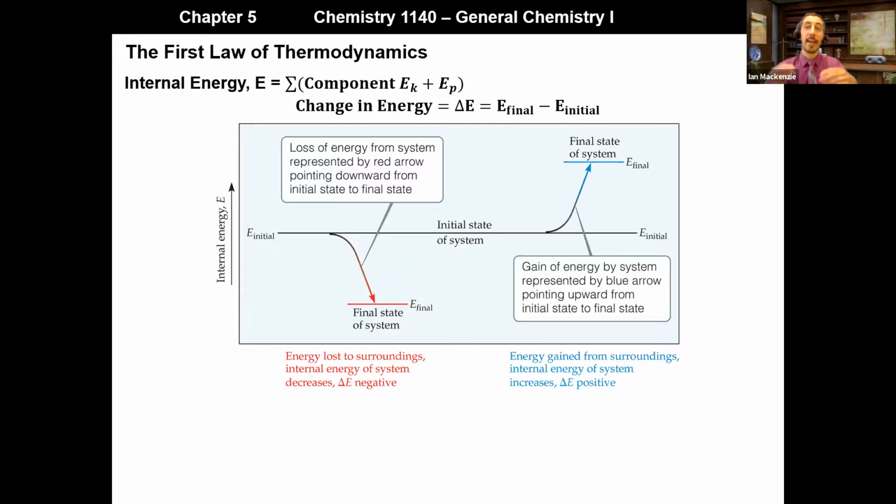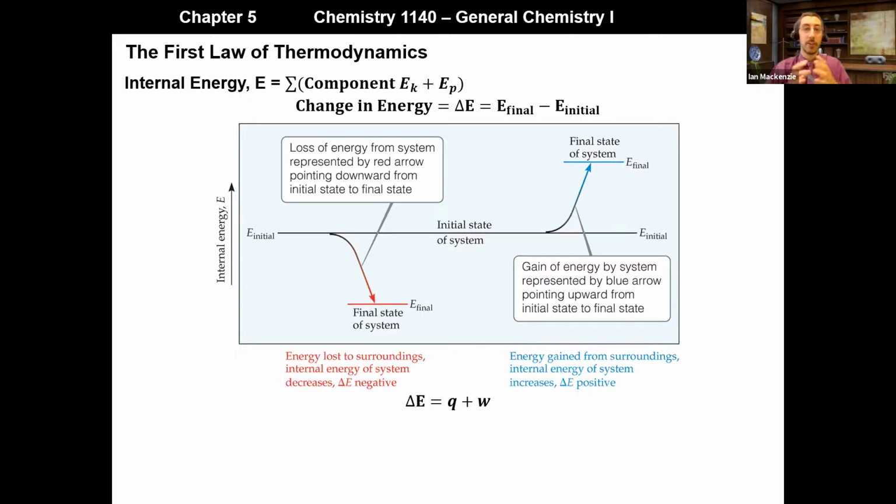However, if the system gains energy, or consumes it or is given it, then the final state of the system is going to be higher in energy than the initial one, and this will now be positive.